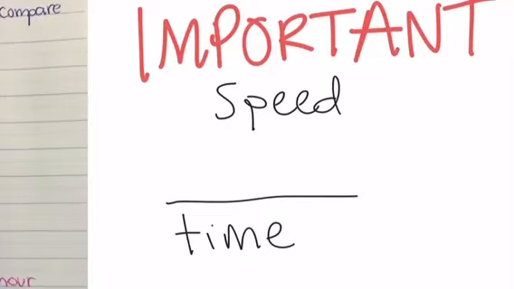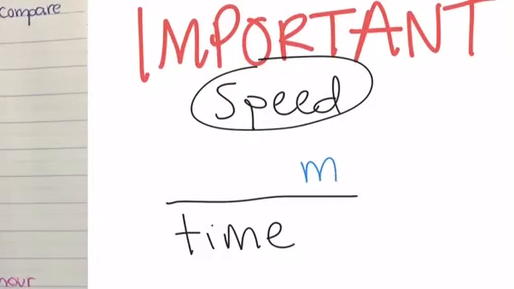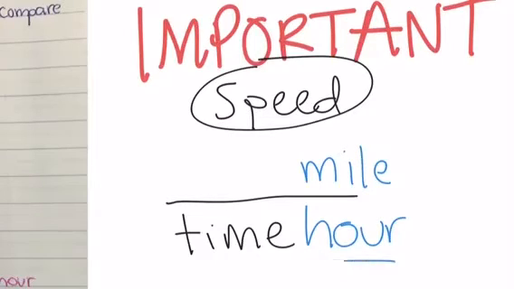Okay? So, a lot of really common rates of speed are, well, number one most common definitely is miles per hour, where hour is a unit of time.